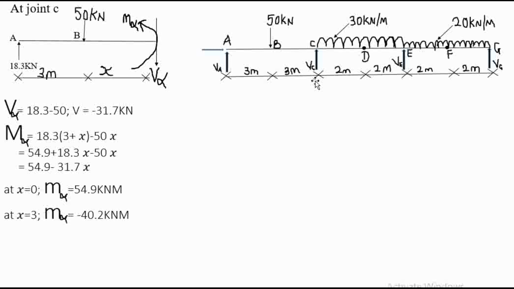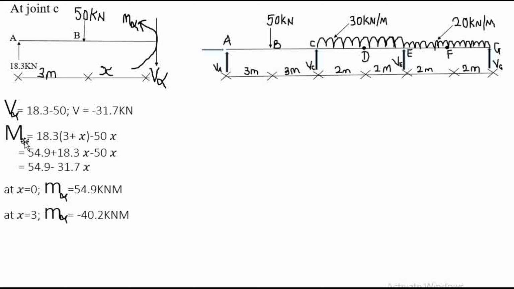When you're plotting a graph, your upward side is positive, downward side is negative. So the same thing applies here. For the moment at this particular section, we see that our moment is turning in an anti-clockwise direction. When you take a moment at this particular point where you cut the section, the VA, which is 18.3 kilonewton, will turn in a clockwise direction, whereas 50 kilonewton will turn in an anti-clockwise direction.